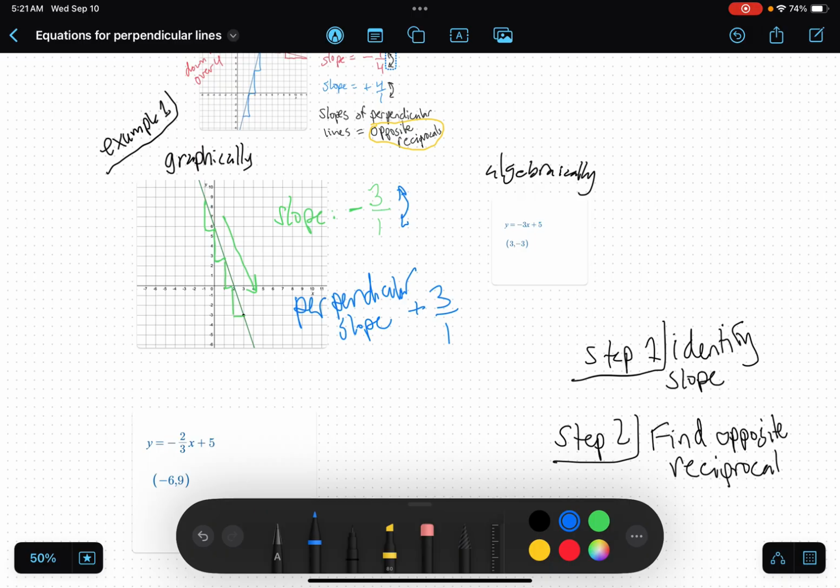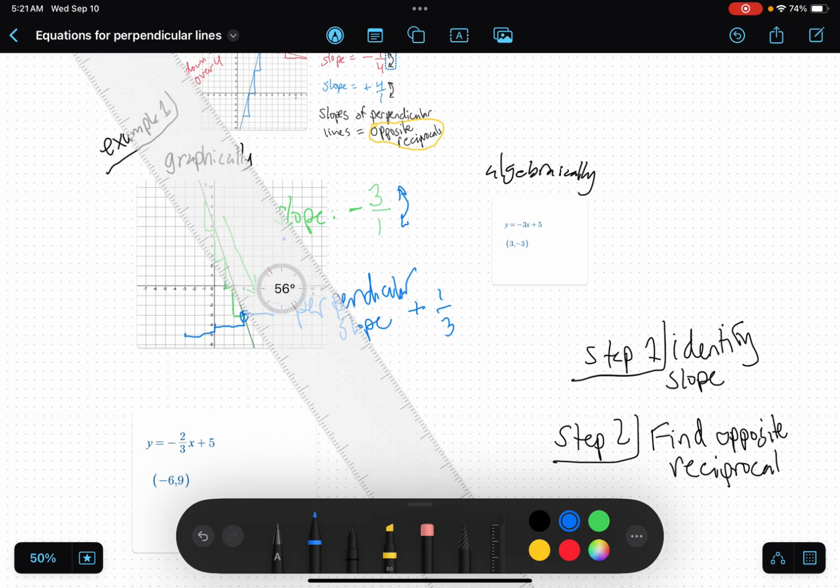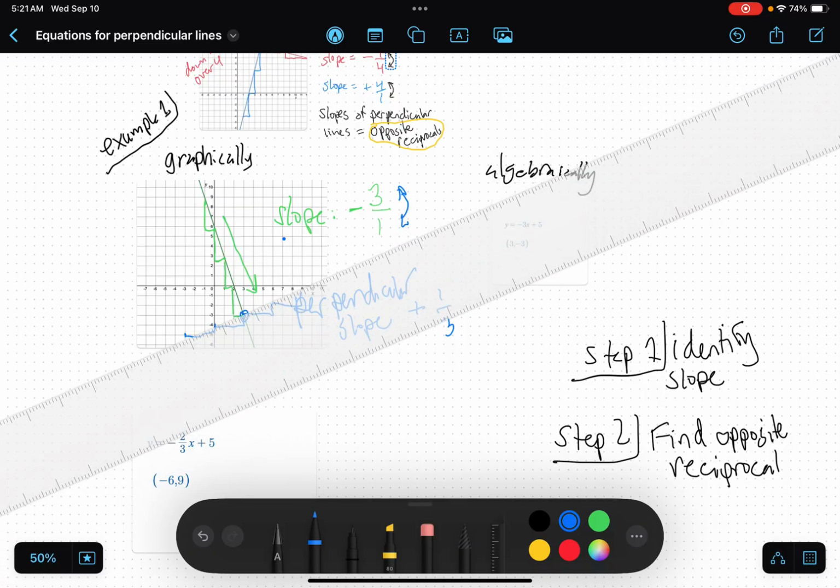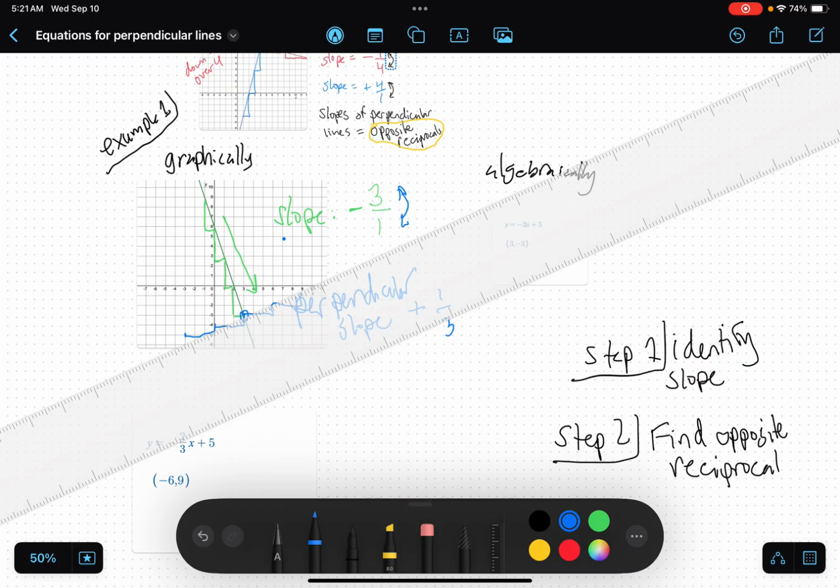Whoops, sorry, incorrect. Positive 1 over 3, because I'm flipping it. So if it's giving me the point right here, now I'm just going to go over 1, up 3, or down 1 over 3. And that gives me my points on my line, which I can sketch and write the equation for.